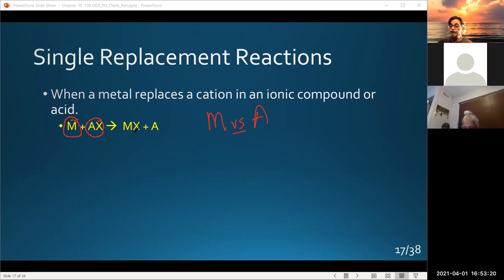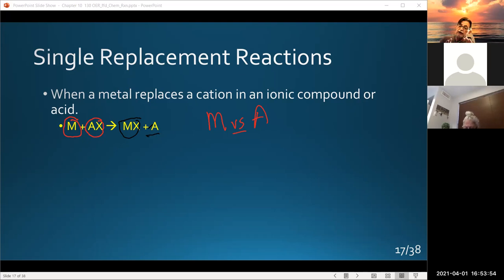Now, if this reaction proceeds, what is going to happen is the M metal will displace, and I'll put that in a different color to see that, the M displaces the metal A that was in the ionic form, beginning with AX, and creates A now in the elemental form. So it's been replaced.